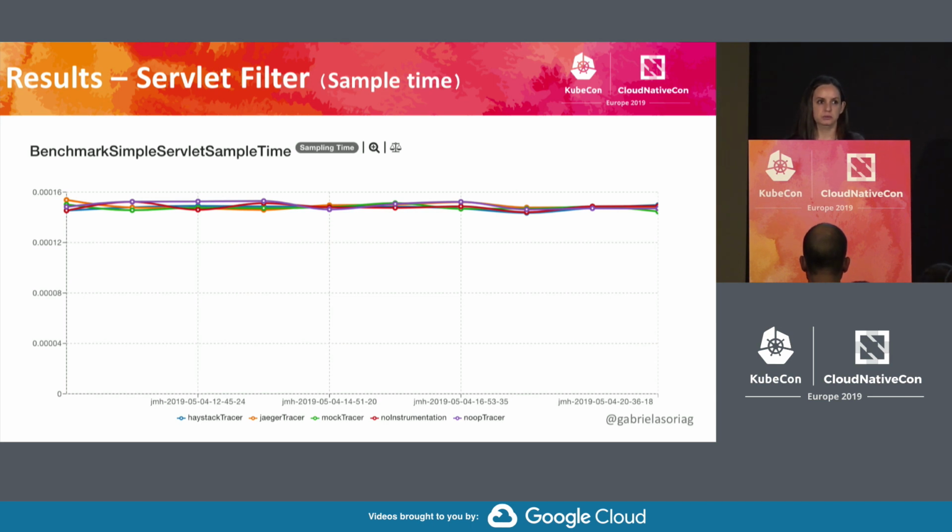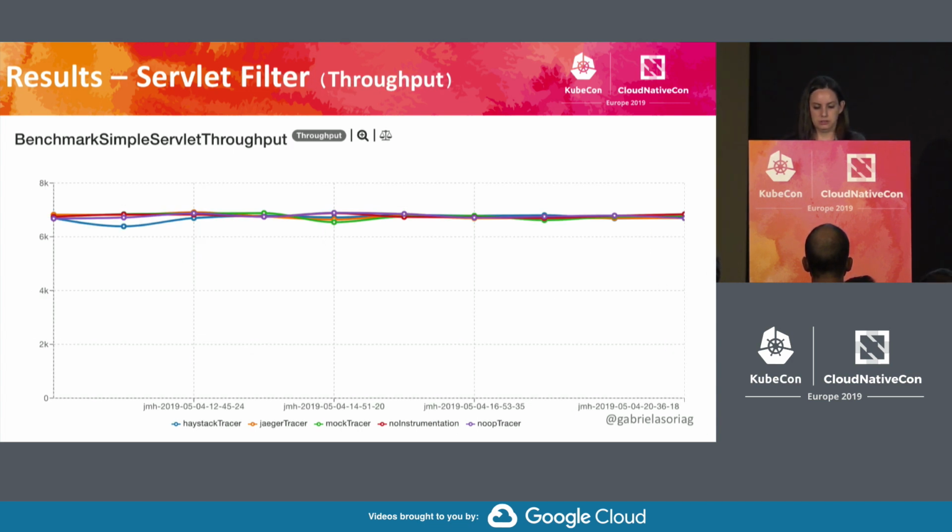And with listeners, we register the tracer in the global tracer. The test consists of making a simple request to get a hello world page in a non-instrumented scenario and instrumented with different tracers. The metrics here show no evidence of overhead, as the deltas of throughput and sample time are not representative. And here we can see the graphic for the throughput for the case of Servlet Filter.